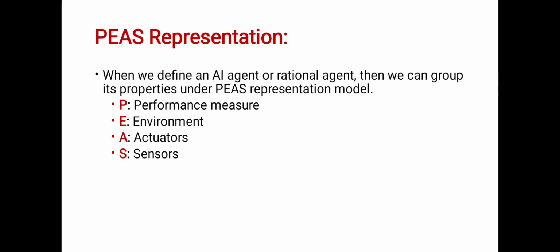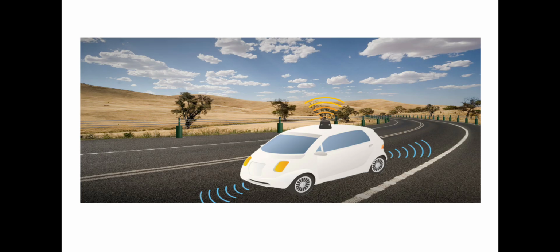PEAS representation. When we define an agent, an AI agent or rational agent, then we have to group its properties under the PEAS representation model. P stands for performance measure, E for environment, A for actuators and S for sensors. So this is a self-driving car where it has to sense the road, whether there is any pedestrian or any other vehicle moving on the road, or whether the road is free or not, and it has to get the location information through GPS, and based upon that it has to take the action.